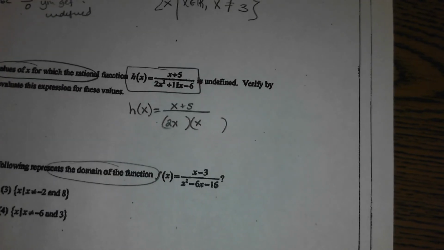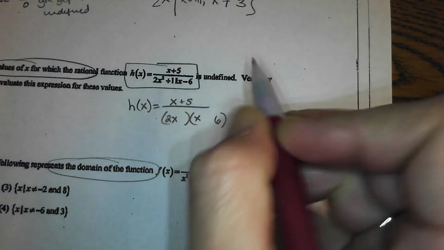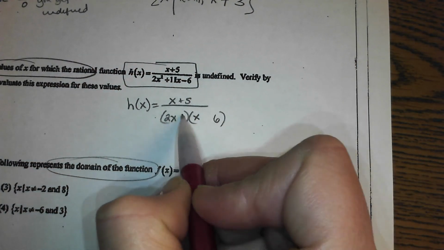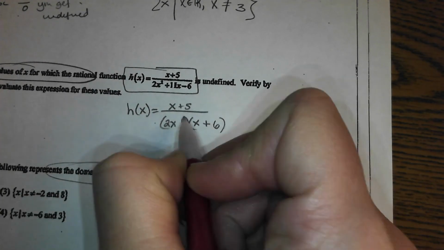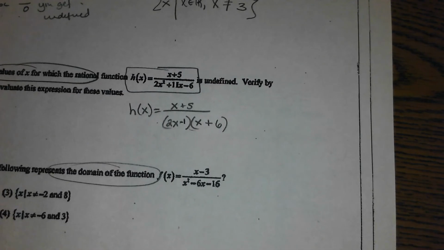We would have 1 and 6 or 2 and 3. We want our middle to be 11. So if I put the 6 here, that'll give me 12 on the outer, and 1 here will give me 1 on the inner. So a positive 12 minus a 1 will give me the positive 11 that I want.